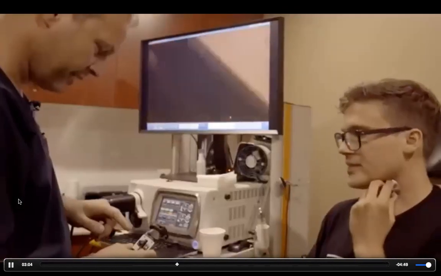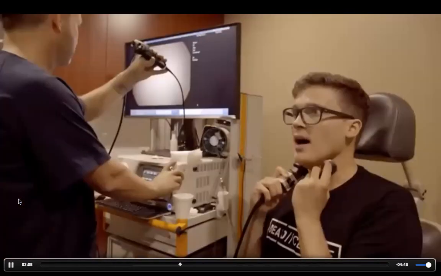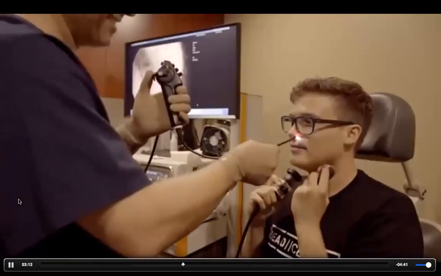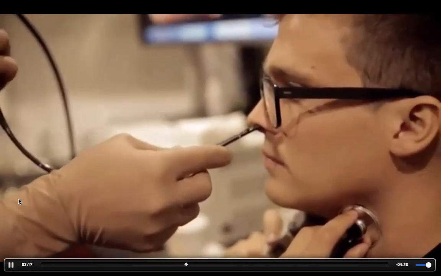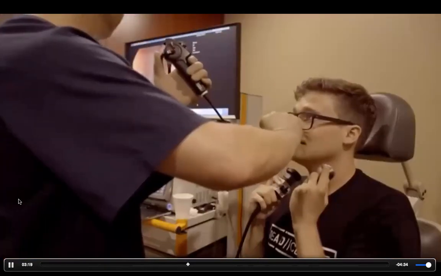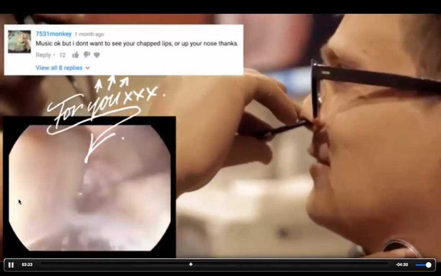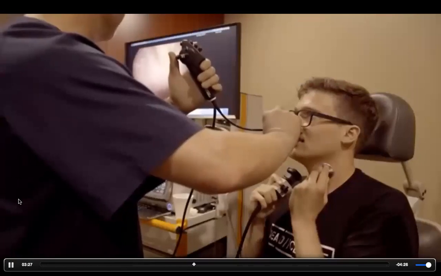Yeah. This is the other little microphone. We need that sort of near you. There's a lot of space up there. Yeah. I'm sure you can feel. Oh yeah. So this is the back of what's called the nasopharynx.